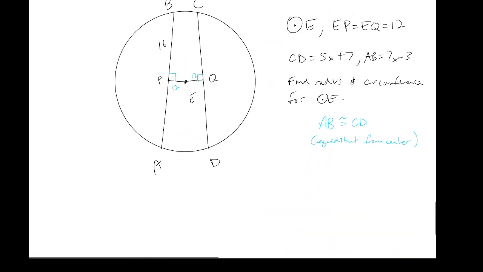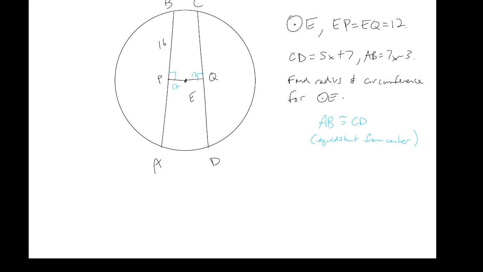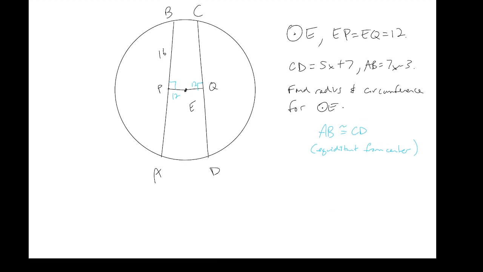Okay? So, let's do some math. All right? Also, we had AB and CD, right? So AB, which was 7x minus 3. So I'm gonna mark my diagram just so I can do this a little bit better.